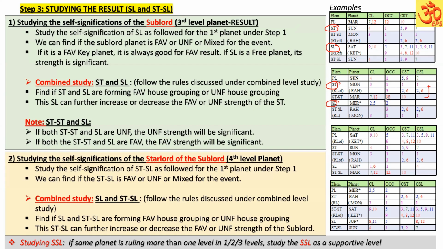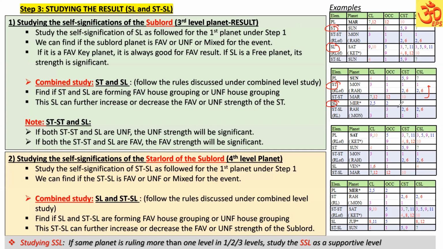So that way we have to check the Star Lord of the Star Lord. Now, when the Star Lord is not further supported by the Star Lord of the Star Lord, it means that the Star Lord planet's strength is getting reduced.